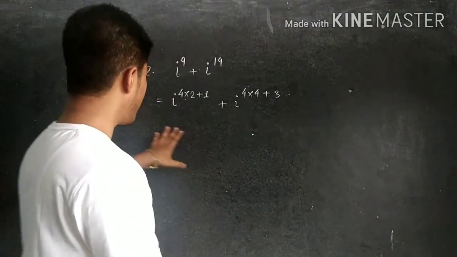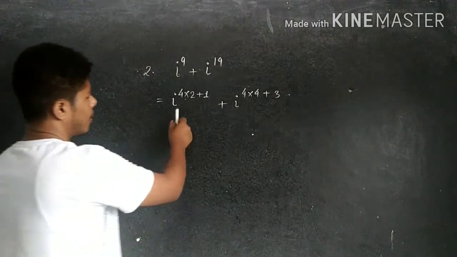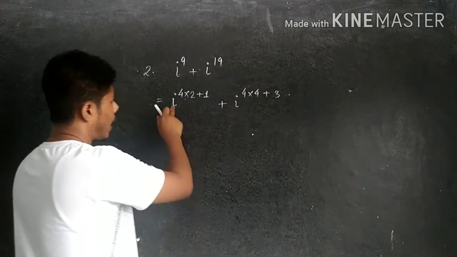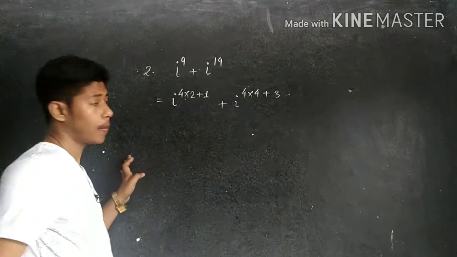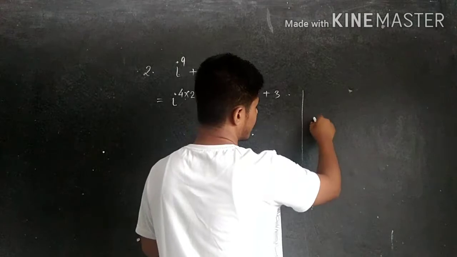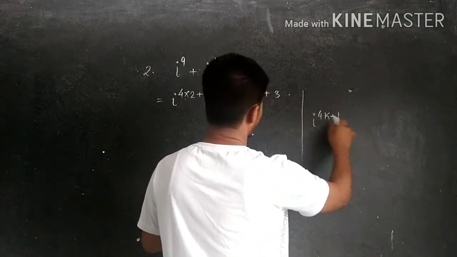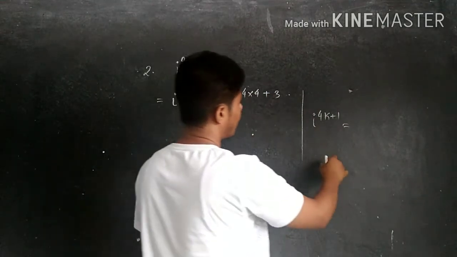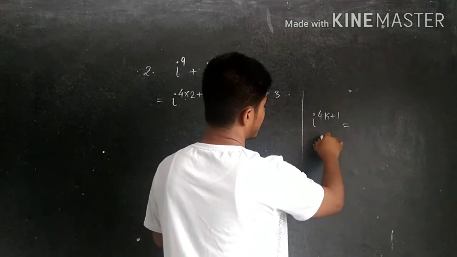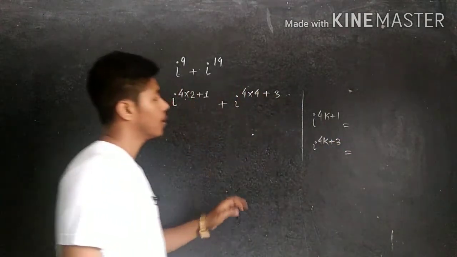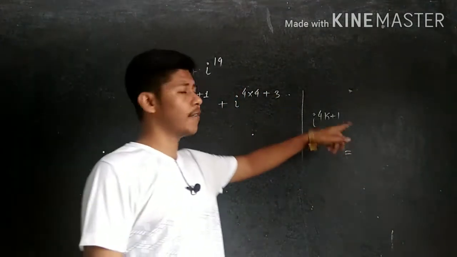Now after arranging, what is the answer? The first is of the form i to the power 4k plus 1, and the second is i to the power 4k plus 3. We already know the values of these.